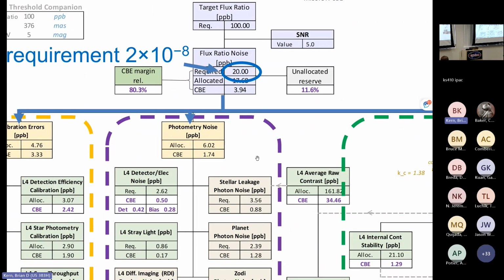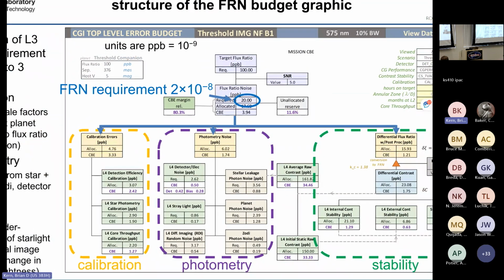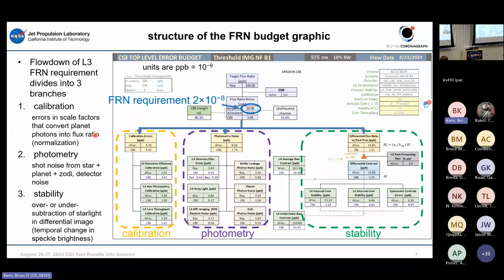And then it gets broken into 3 branches. Without looking at the numbers, I'll describe the 3 branches. One is calibration errors. This is basically the conversion from I got 50 electrons to, that means that the flux ratio of the planet itself is 2 times 10 to the minus 8.